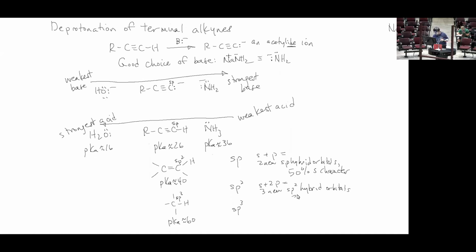We'll say 33% s character, certainly close enough. And what about sp3? Well, same idea. We're going to mix an s orbital and 3 p orbitals, and we're going to get from that 4 new sp3 hybrid orbitals. That's going to make our tetrahedral shape.